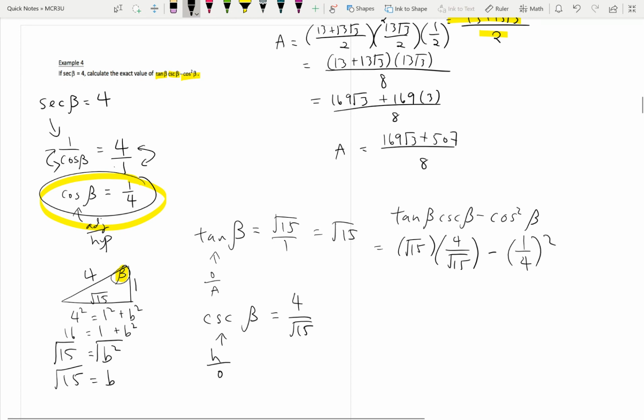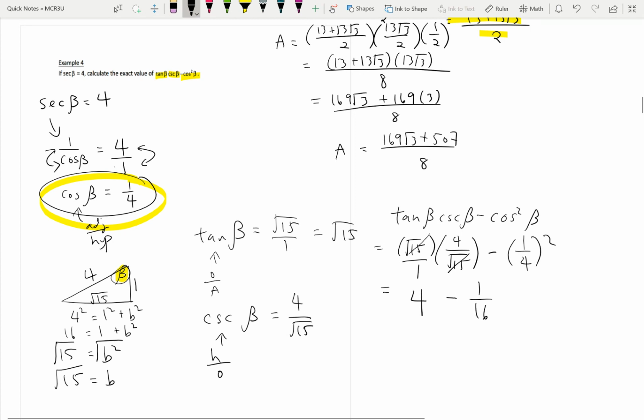Right? So now I'm just going to multiply them together and determine what each thing is. Because you've got root 15 and root 15, these cancel out, which is very nice. So that gives me 4 over 1, which equals 4, minus 1 over 4 squared, so that is 1 over 16.